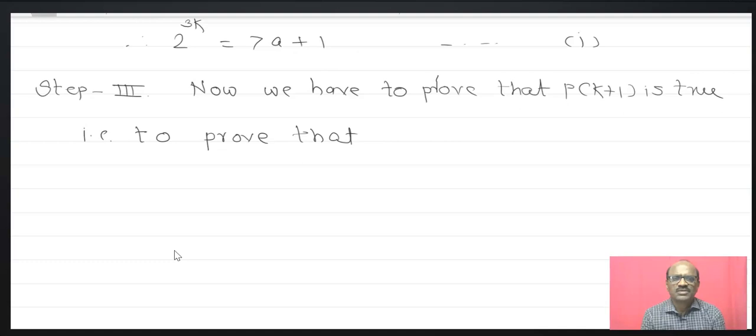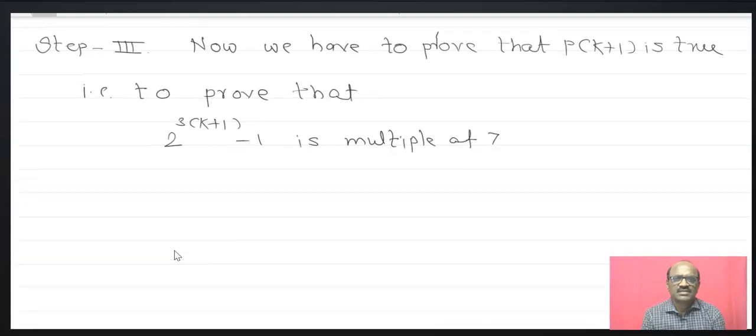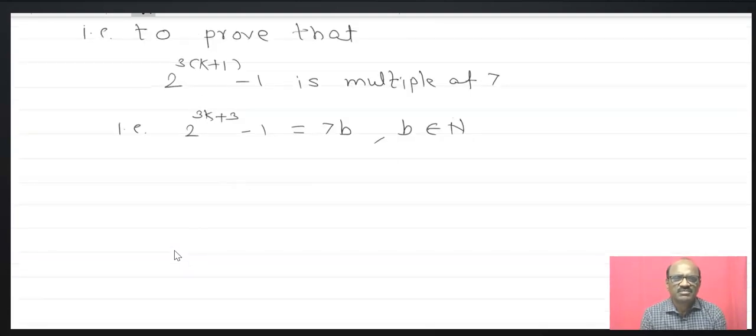To prove that 2 raised to 3(k+1) minus 1 is a multiple of 7, that is, 2 raised to 3k plus 3 minus 1 is equal to 7b, suppose where b belongs to the set of natural numbers.